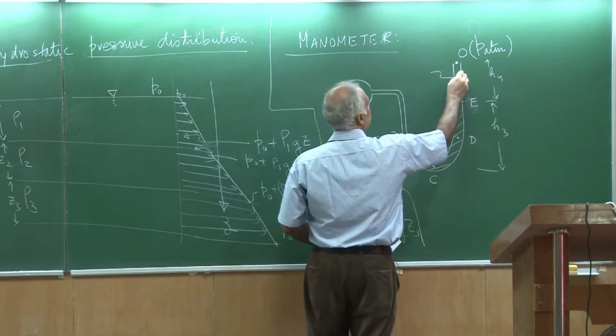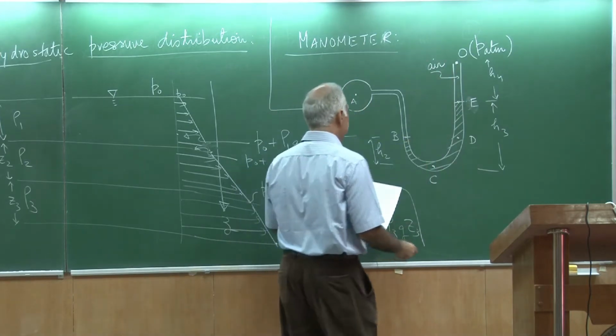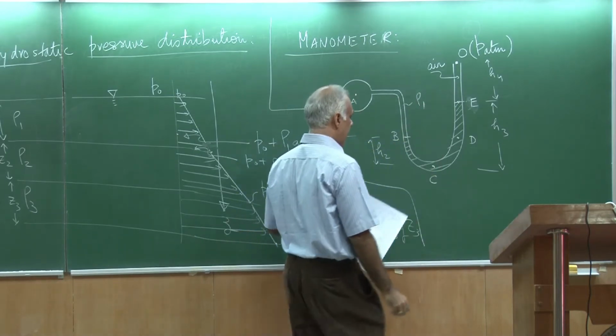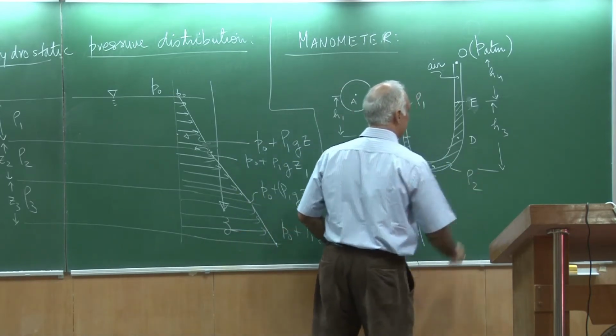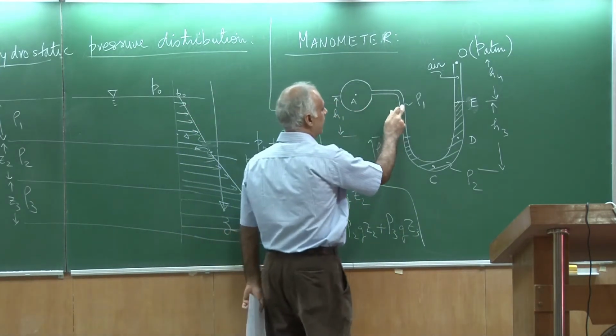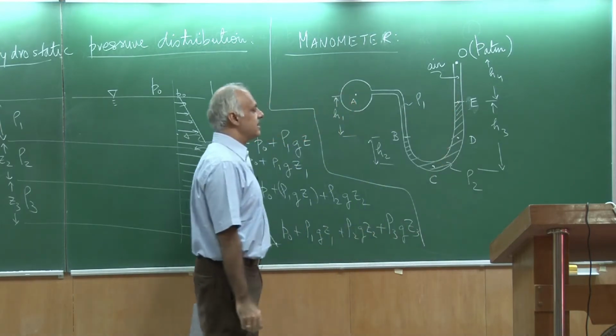Let me say this is air, and this is a certain fluid of density rho 1, and this is a certain fluid of density rho 2. So, in principle I could have 3 fluids, one of density rho 1, rho 2 and then air. So, this is quite general.